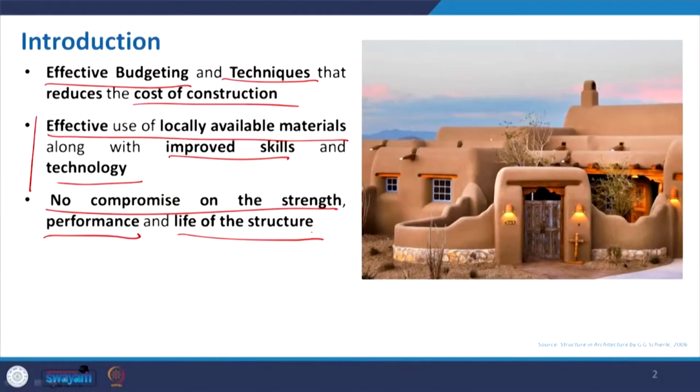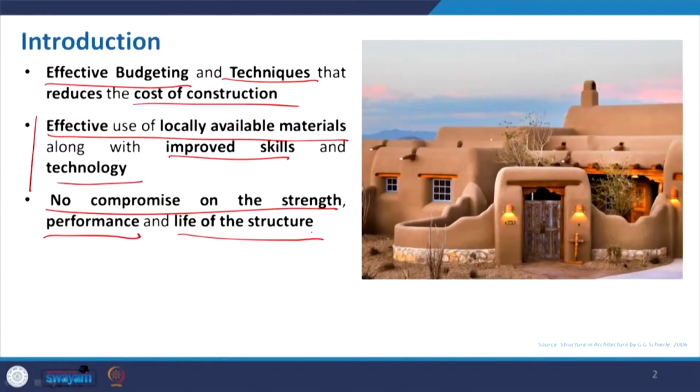In this case you can use the locally available material, you can improve that material and also improve the construction technology. You adopt some emerging technologies that we will discuss in this lecture, and then probably that can give you a desired solution. Here you can see this structure is made with compressed mud.